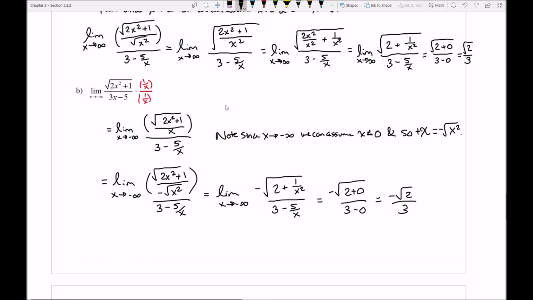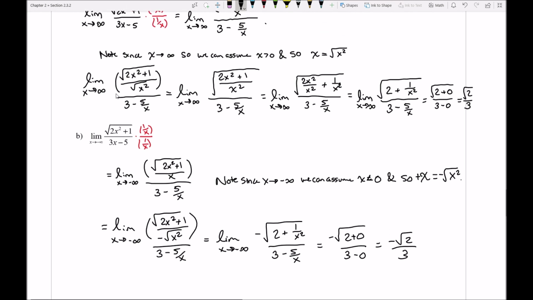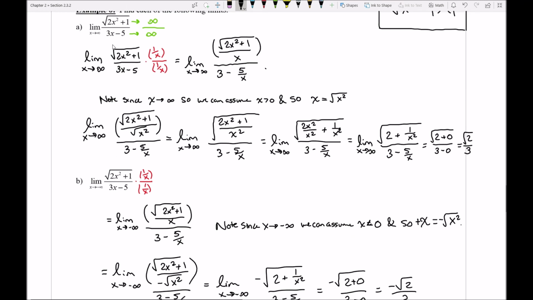Now what you'll notice in both these questions is that we've evaluated a limit in two different directions for a specific function. And so we could ask, what do these two parts really tell us is going to be happening with the function square root of 2x squared plus 1 over 3x minus 5?